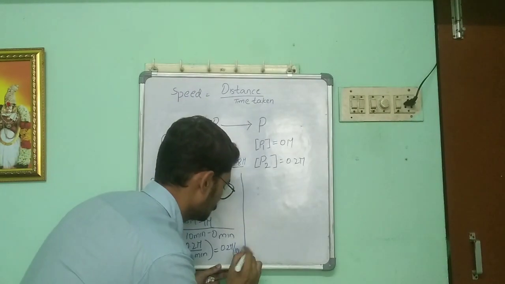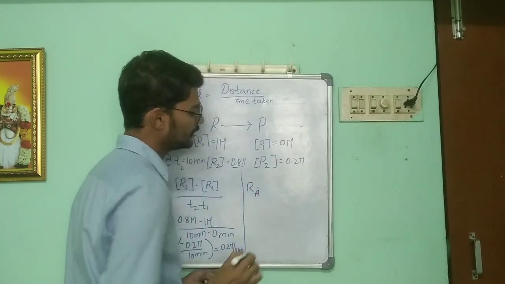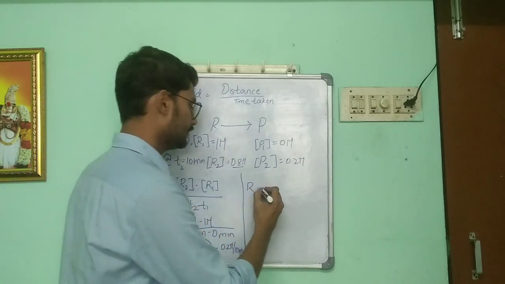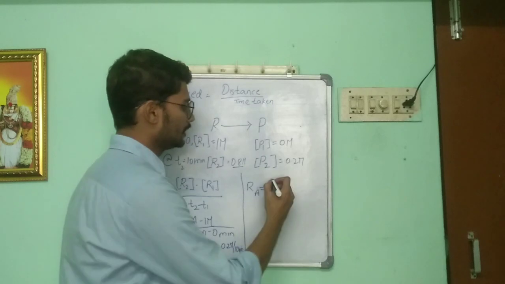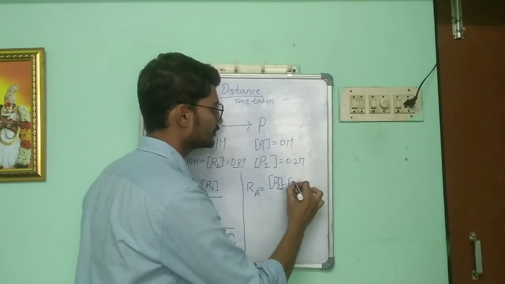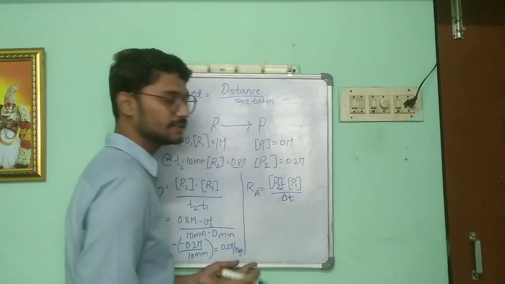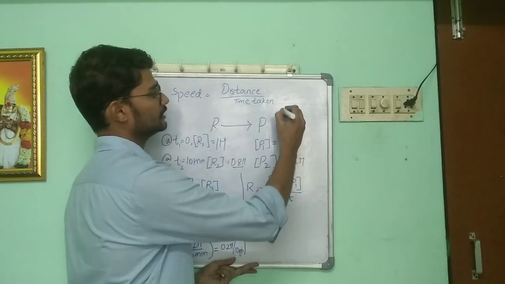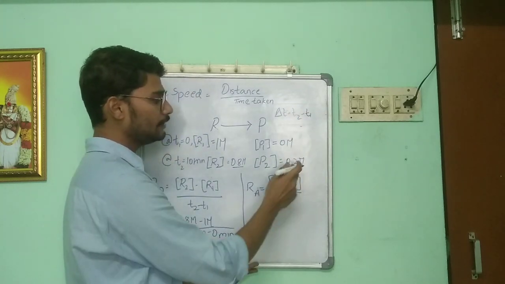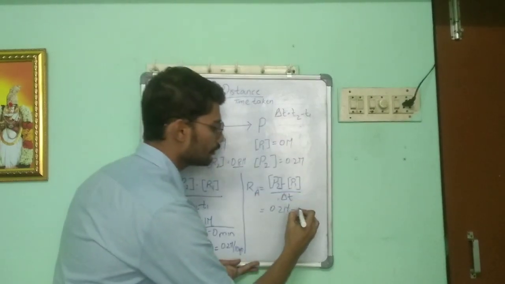Now let us try to calculate the rate of appearance. I am just representing the rate of appearance as RA and the rate of disappearance of reactant as RD. So here we will be calculating the rate of appearance. It is given as the concentration of P2 minus the concentration of P1 divided by T2 minus T1, which is otherwise represented as delta T. That you all know, you are very much familiar. Delta T is T2 minus T1. The concentration of P2 is 0.2 molar minus the concentration of P1, which is 0 molar.